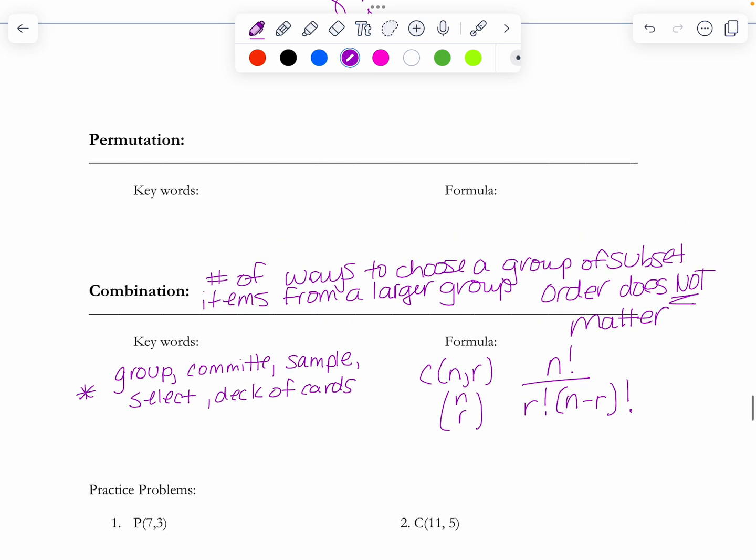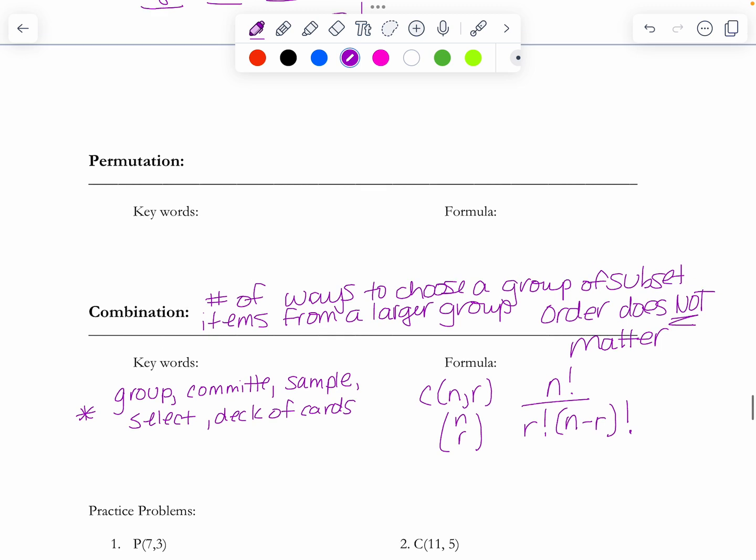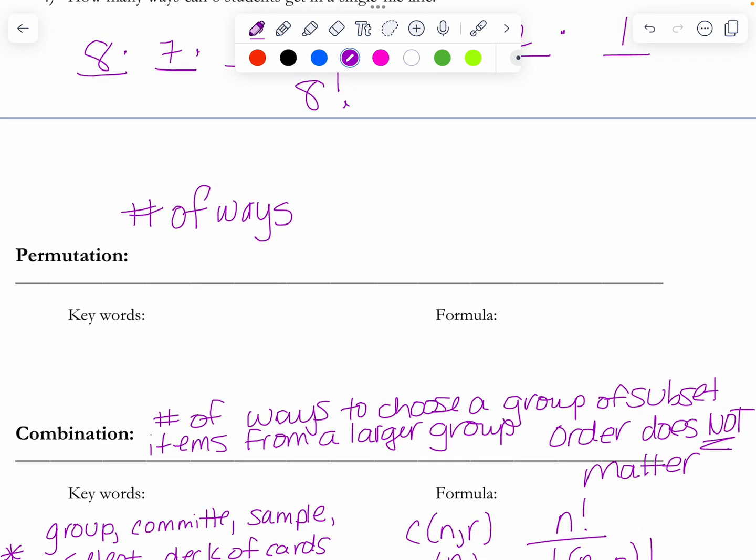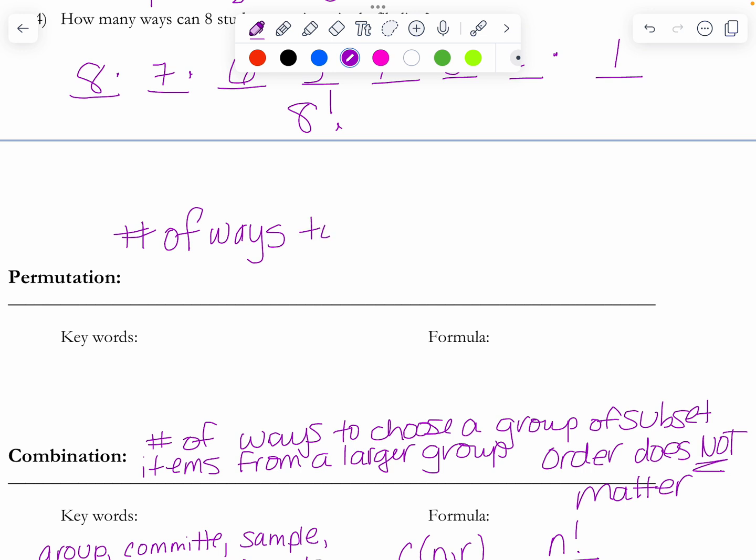Now, the difference, permutation is the number of ways to arrange certain items in a specific order.